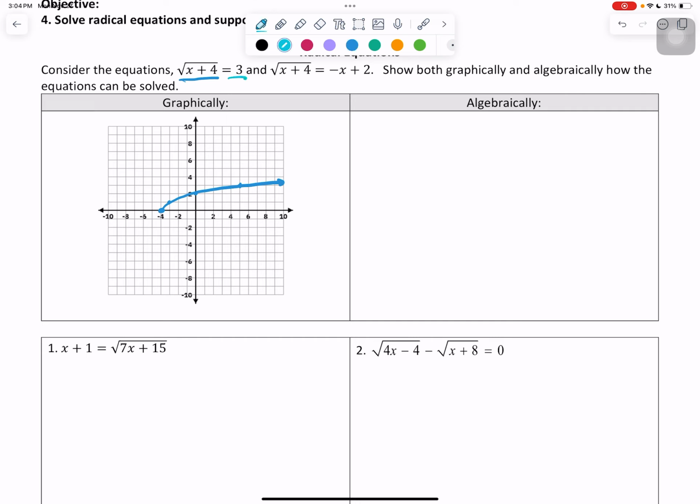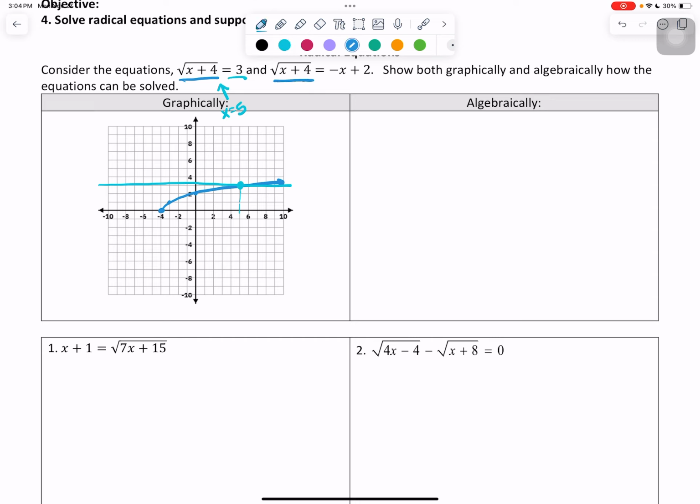I'll do y equals 3. But here's where they intersect. That means whatever the x is there, which it looks like it's 5, the solution to this is x equals 5.